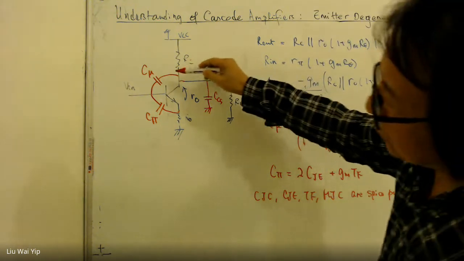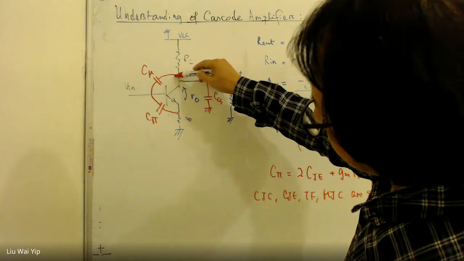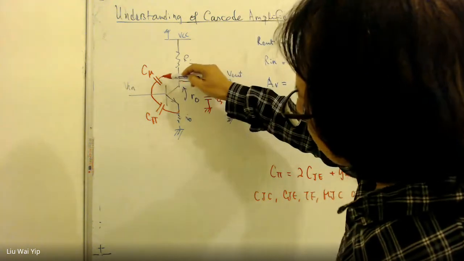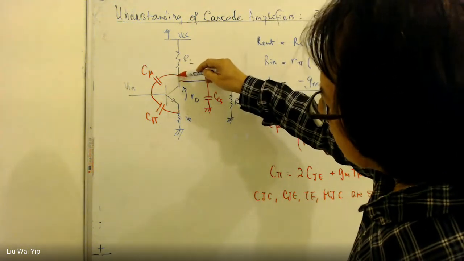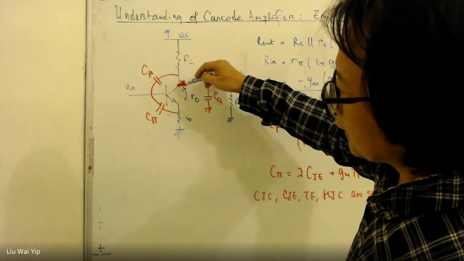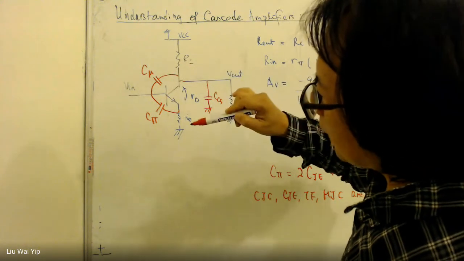Unfortunately, C mu has no direct pathway connected to the ground. One of the terminals is connected to the collector terminal of the transistor. The other is connected to the base.